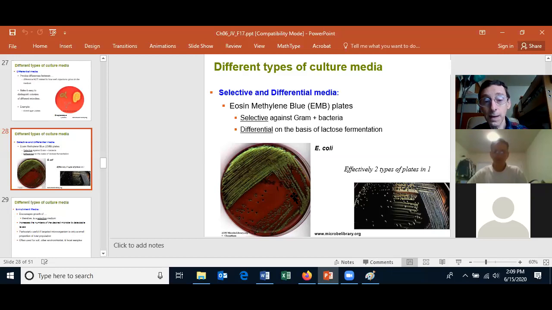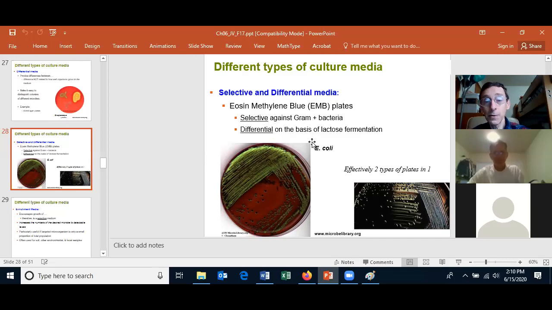And then the gram-negatives usually are not inhibited, but sometimes they will be inhibited, okay? But generally on an eosine methylene blue, the gram-negative would grow and the gram-positive would not. And that's only the way we're going to talk about it. But the selection is not 100%, okay?